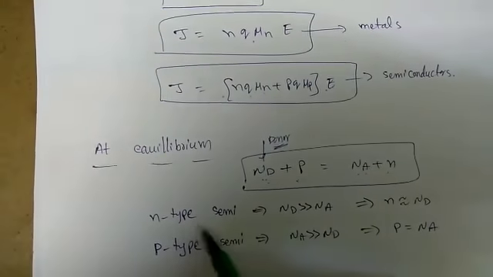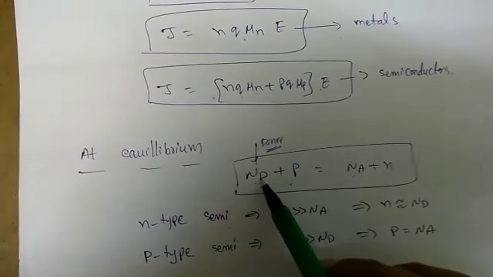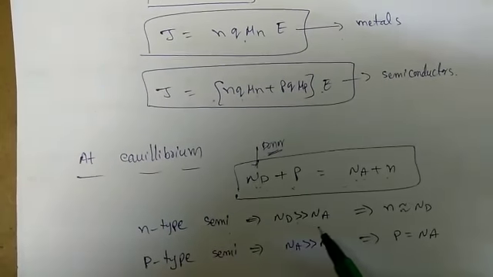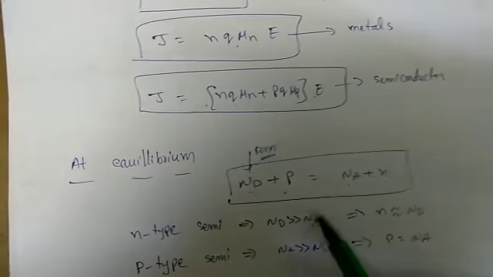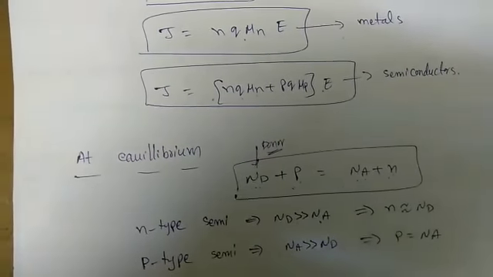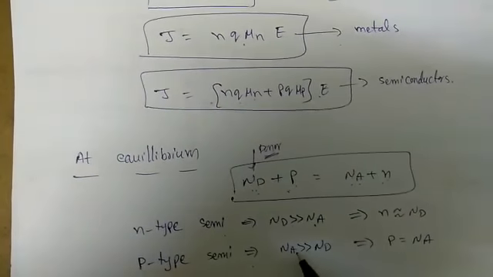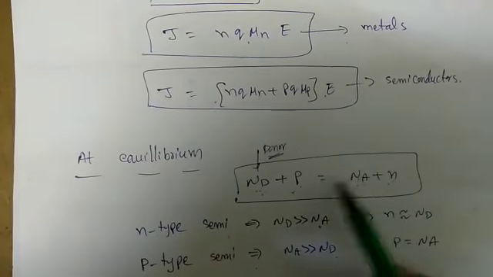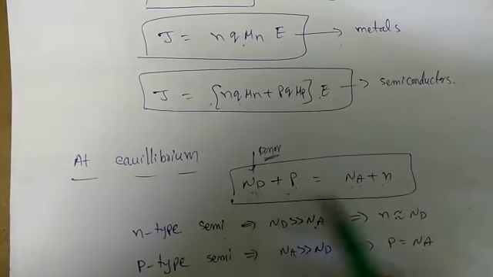If we consider N-type semiconductor, Nd is the donor concentration, which is nothing but the electron concentration. When Nd is very much greater than Na, that means I can neglect Na and p, so n will become directly Nd. Similarly, for P-type semiconductor, Na is very much greater than Nd and n, so we have to neglect Nd and n.